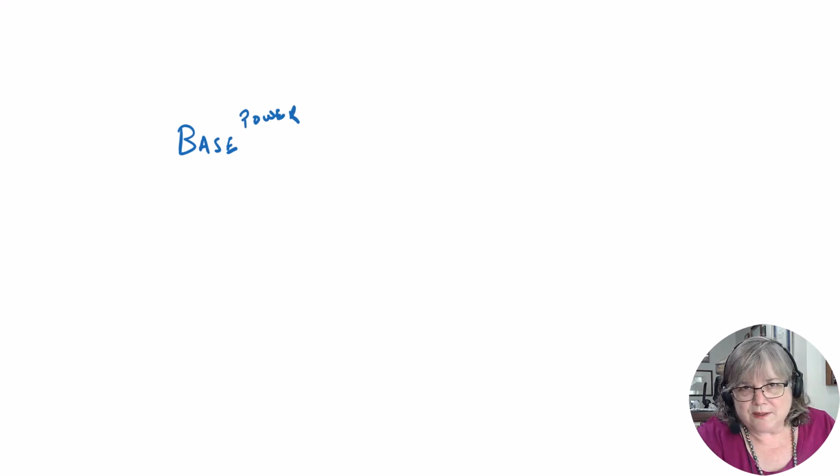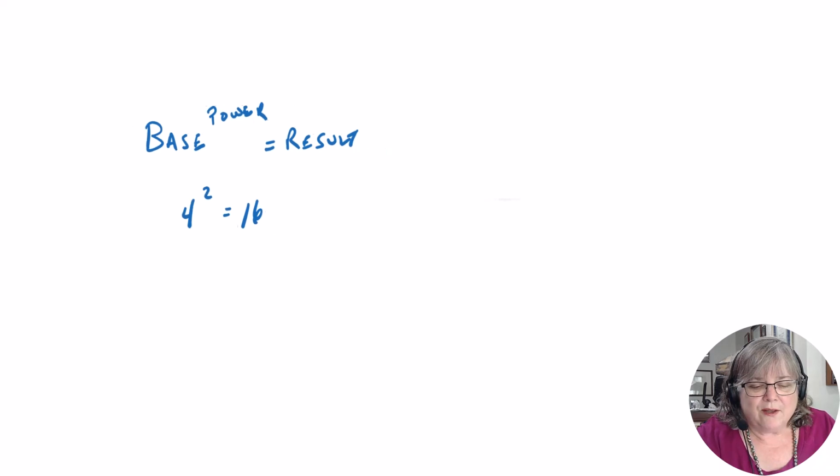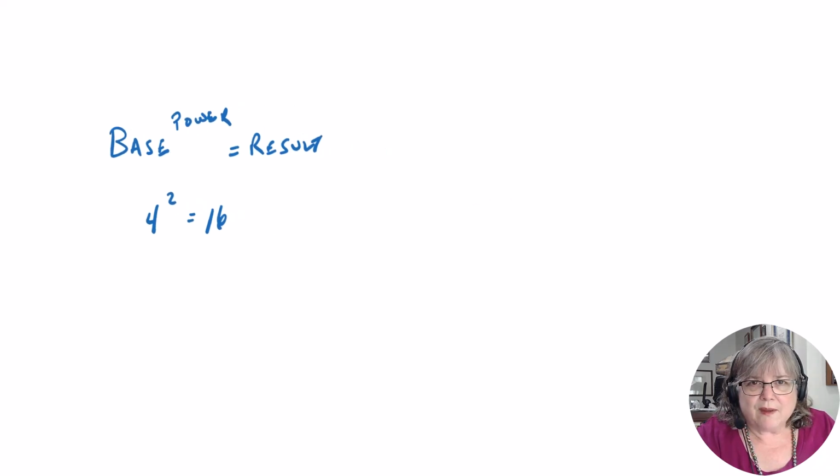Now, to get to that part, remember that where it started was with exponents, and you had a base raised to some power, and you would get a result of some type. It's sort of like if you had 4 squared equals 16, and then you learned how to talk about logarithms, which are the inverses of exponents, right?